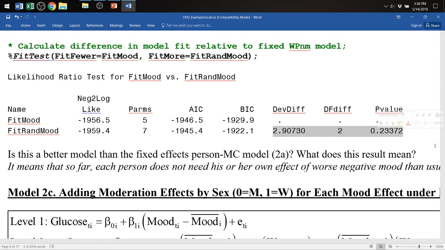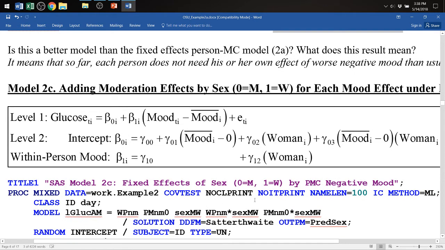But if this was my dissertation and my proposal said I was going to examine gender differences, then I'm going to examine gender differences. So this is what it would look like if I wanted to know if between and within-person effects of negative mood differed between men and women.